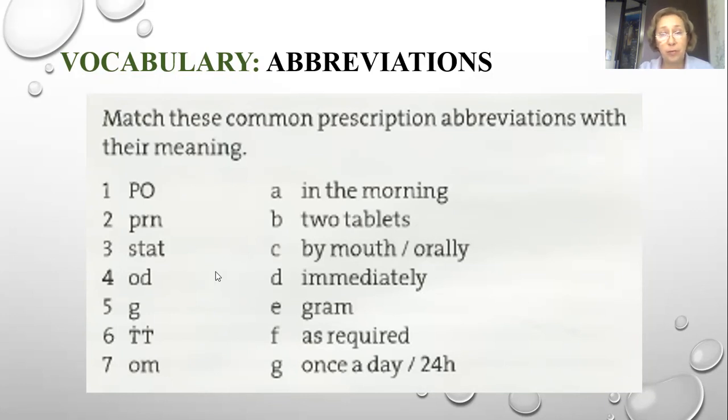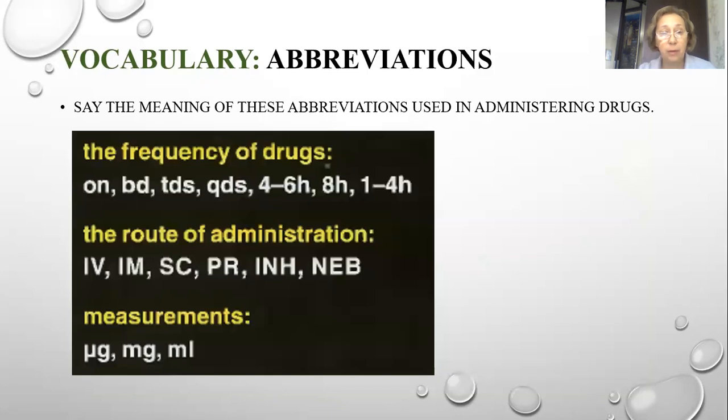These abbreviations are commonly used in prescriptions. And this is more complicated. We should say the meaning of these abbreviations used in administering drugs. You can see the abbreviations which are used to say about the frequency of drugs, then about the route of administration and about measurements.